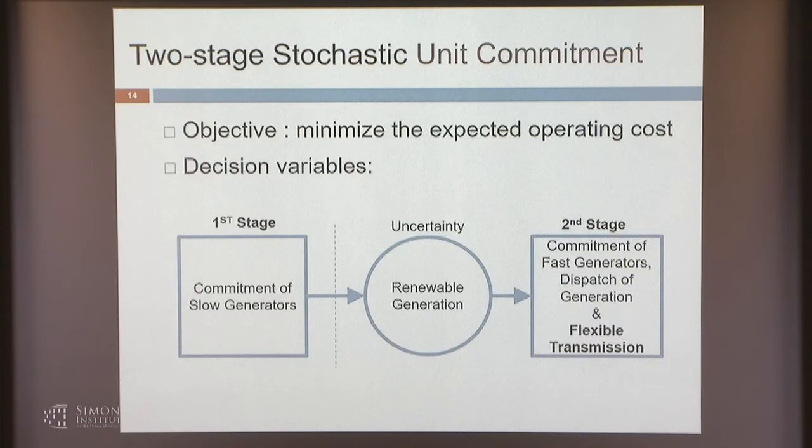The decision variables here are primarily binary variables, because you decide which generators are going to be turned on and off. Then you get a realization of the uncertainty in the renewables. And in the second stage, you commit and adjust the output of both the fast and the slow generators in response to how much renewable energy you actually got.